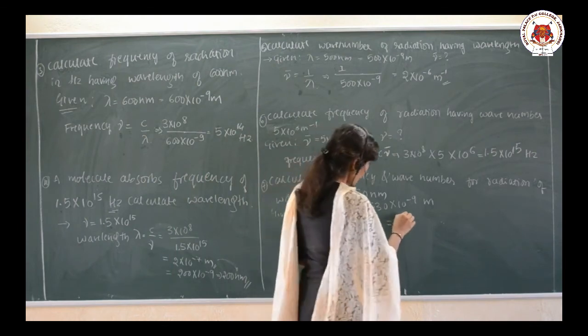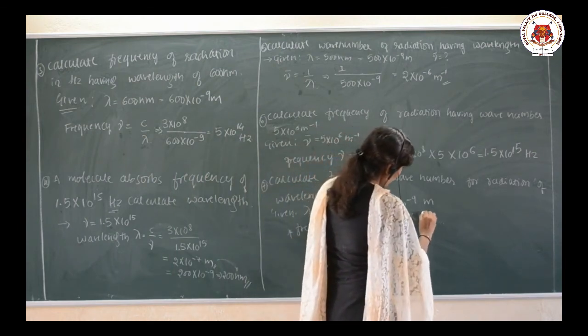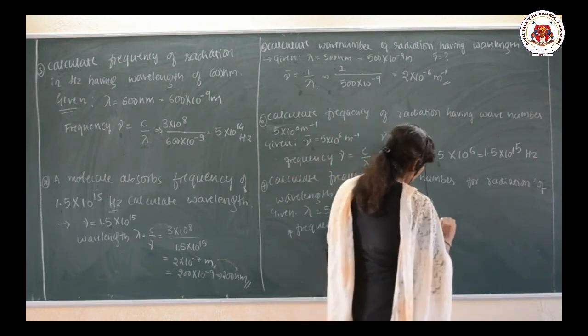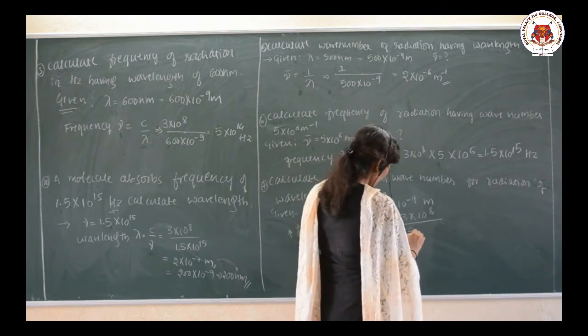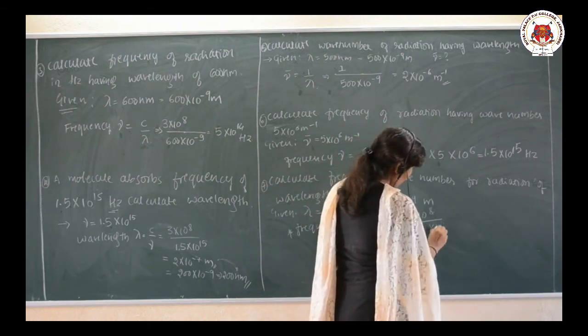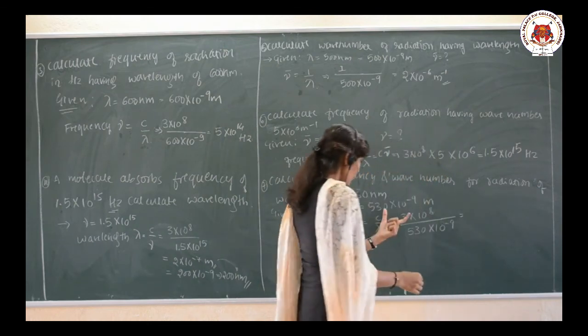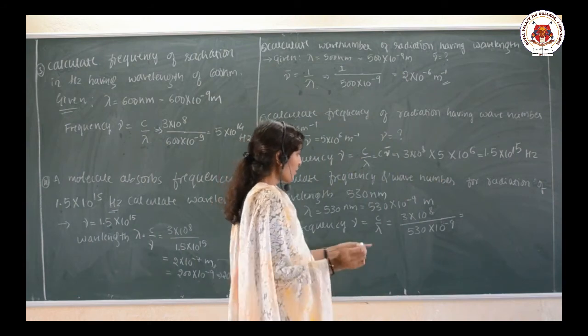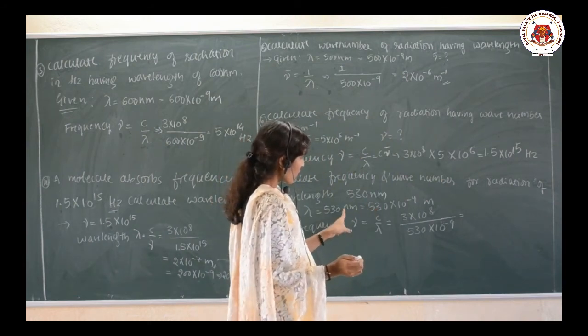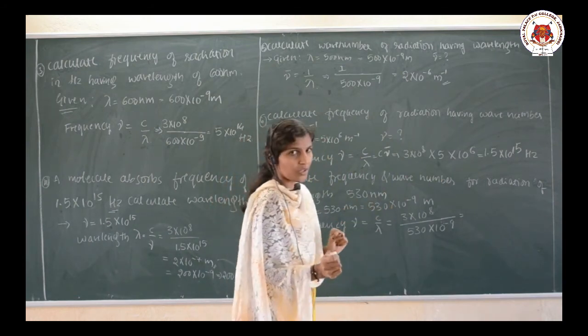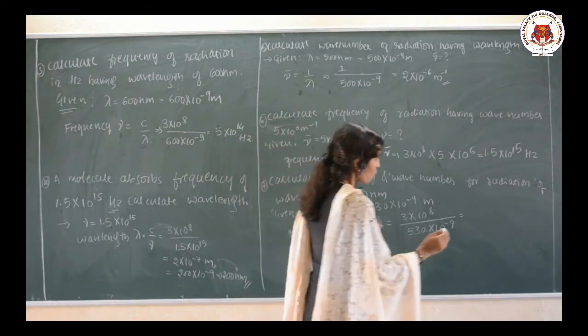What is the value of C? 3 into 10 to the power 8 divided by the lambda value, 530 into 10 to the power minus 9. The value of C is constant everywhere, and we have converted lambda from nanometer to meter and substituted. So, what will be the answer?